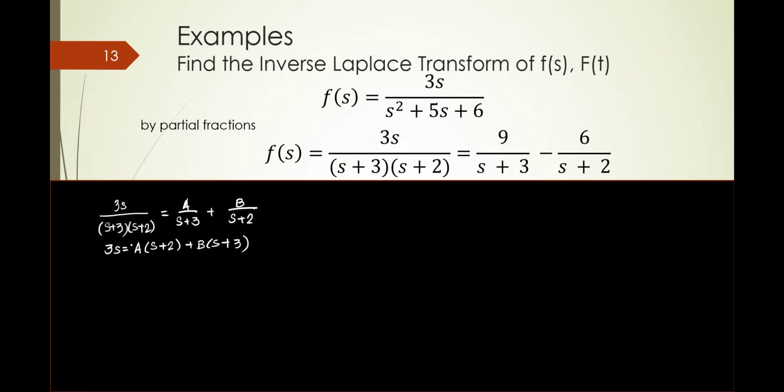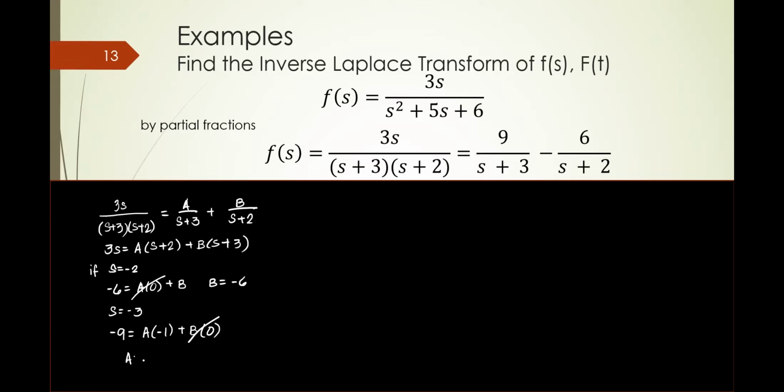So since it's basically linear factors, you can just get the roots. If s is equal to negative 2, so this is negative 6, a times 0 plus b, because negative 2 plus 3, so that cancels out. You already have a value of b, which is negative 6. And then if s is equal to negative 3, you'll get negative 9, a, negative 3 plus 2 is negative 1, and then b times 0, that cancels out.